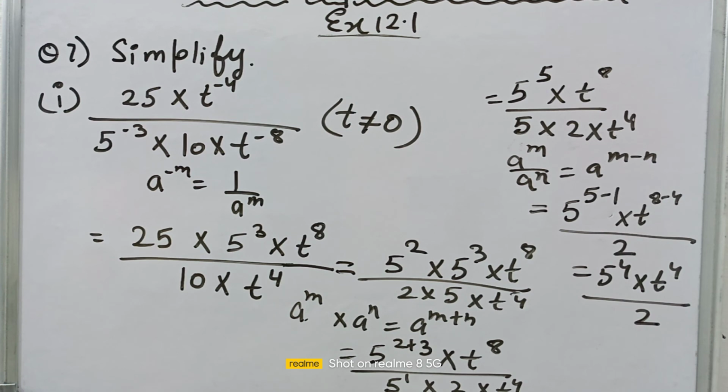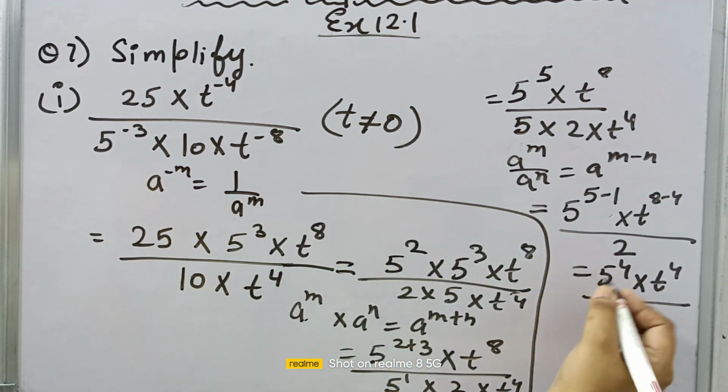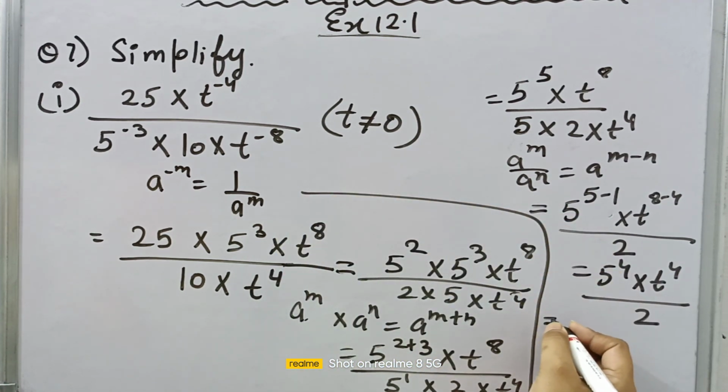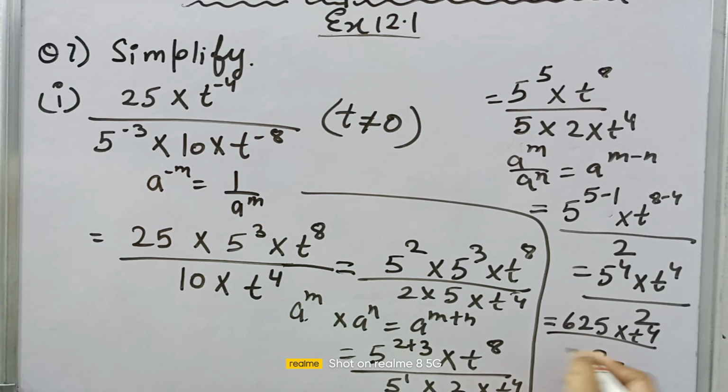Now we have to solve 5 raised to the power 4 because we cannot solve t raised to the power 4. We don't know the value of t, so we will keep it as it is only. So this 5 raised to the power 4 becomes 625 multiply t raised to the power 4 whole upon 2.